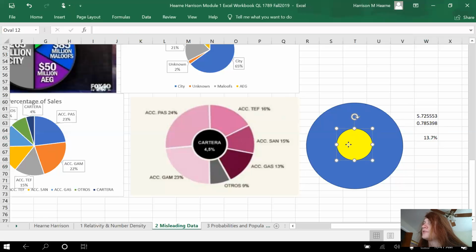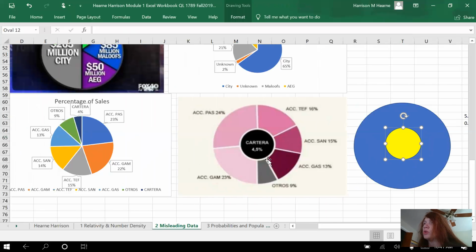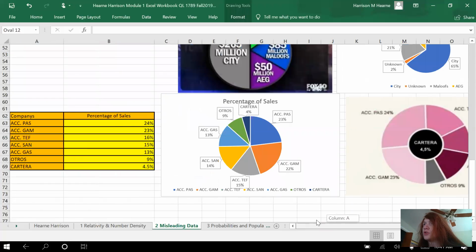And it turns out that this yellow circle is taking up about 13.7% of the blue circle, which means that Cartera is taking up much more area than they should be, about 9% more area than they should be. So in our corrected graph, you can see when they're taking up the proper amount of area, they are much smaller than they were before.